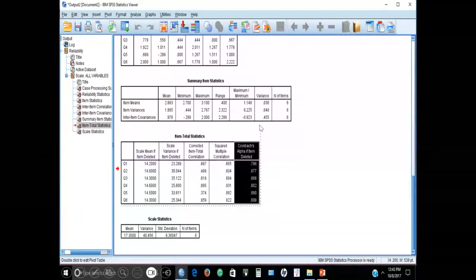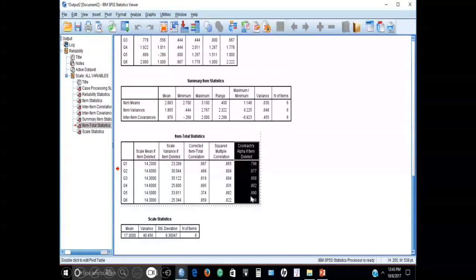So you can go through it, select the item means, item variance, and then it has a Cronbach's alpha reliability for each question.